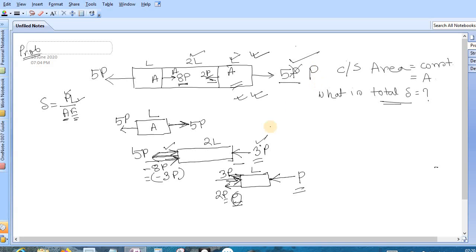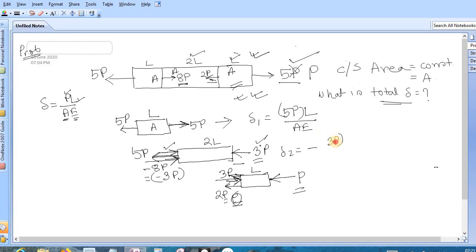Now you can calculate the total deflection for each term. Here this is under tension, and the deflection is 5P into length L divided by AE. Here the deflection is negative. Why? This is under compressive load, so this is your minus.